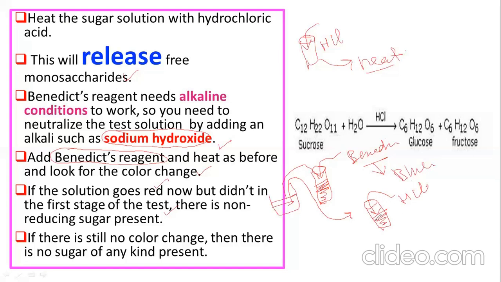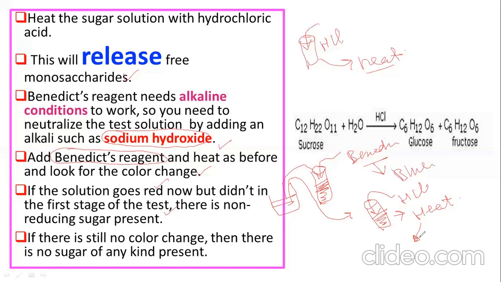Now, when I put acid, I will heat this. Why will I heat this? So that it increases the reaction rate. I will heat this in a water bath, or even very gently over a spirit lamp, but the purpose is to provide heat.